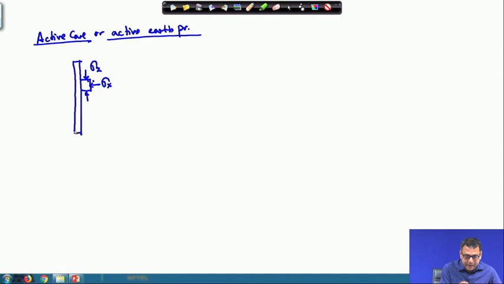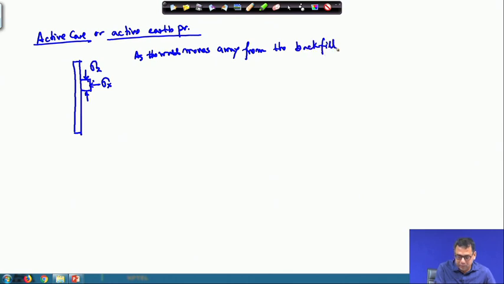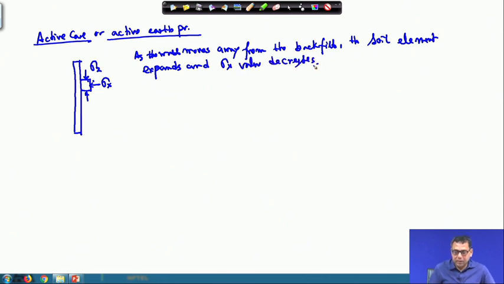Now, the active condition means that the wall moves away from the backfill, so this is very important.